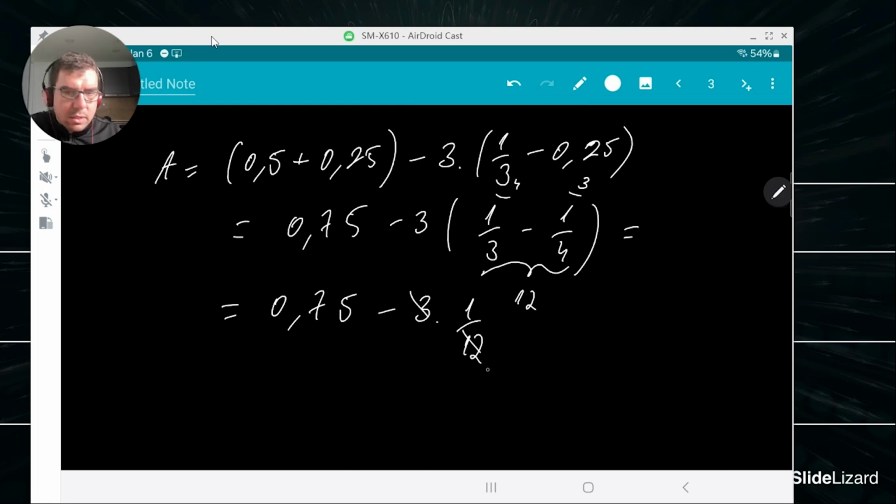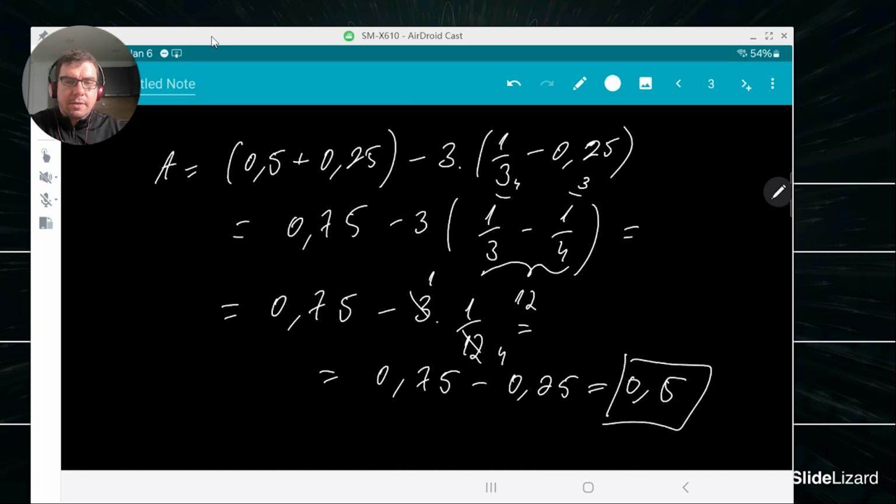I can reduce the 3 and the 12, I get 1 and 4. So 0.75 minus 1/4, which is 0.25, this is 0.5. And that's the answer. Let's go to the next one.